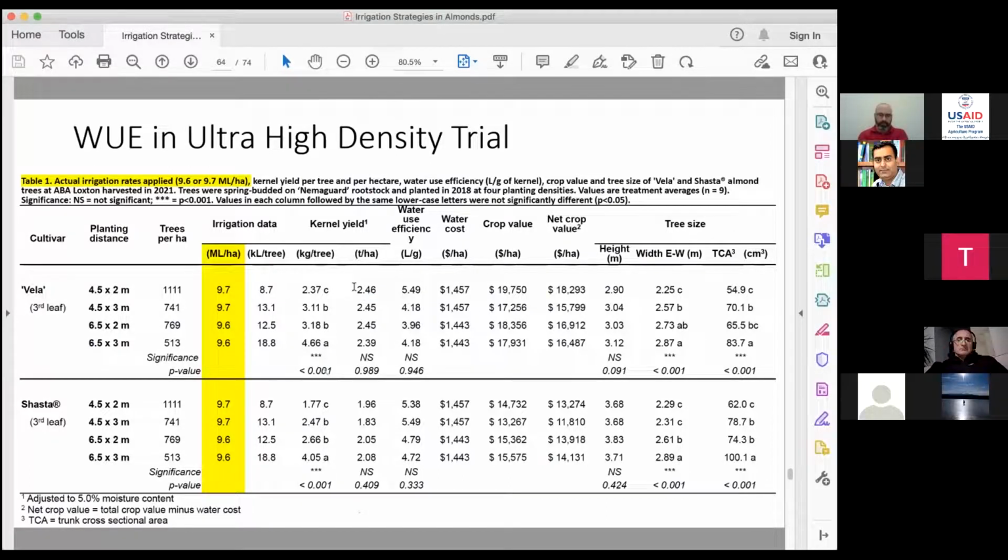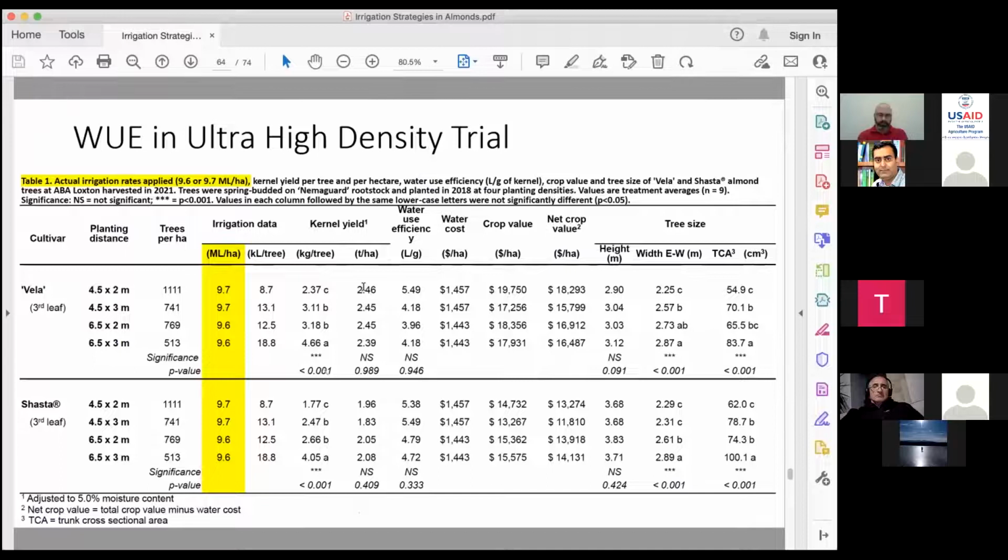My perception is that next year that difference is going to be higher. So next year, we expect the high density treatments to have higher tons per hectare. In the case of the Shasta variety, Shasta is a really vigorous tree. And with a vigorous variety, you can see that the trees planted farther apart grow really vigorously. So they had really high per tree yield, and that translated into higher tons per hectare.